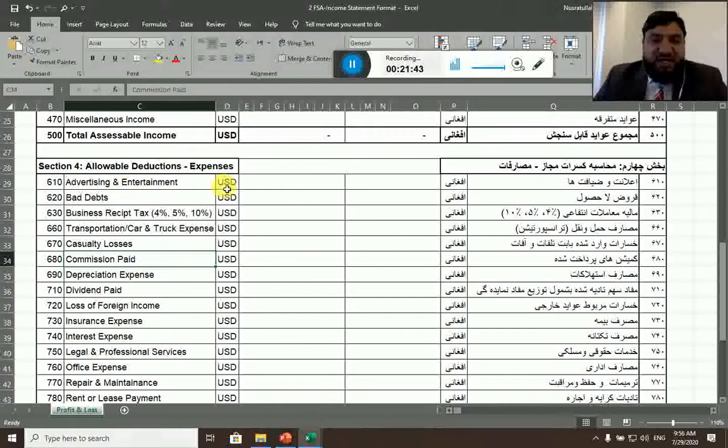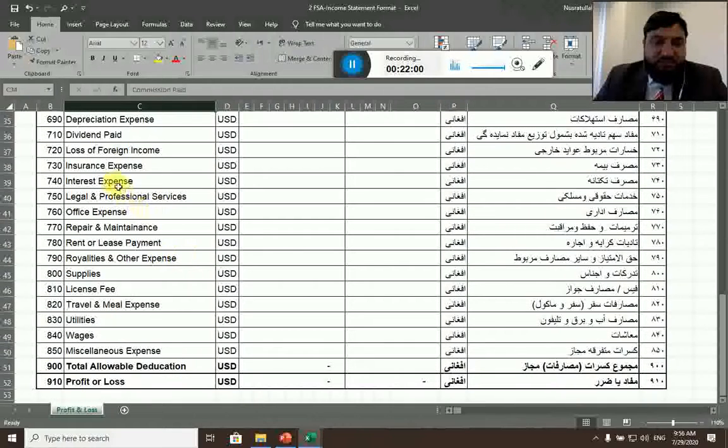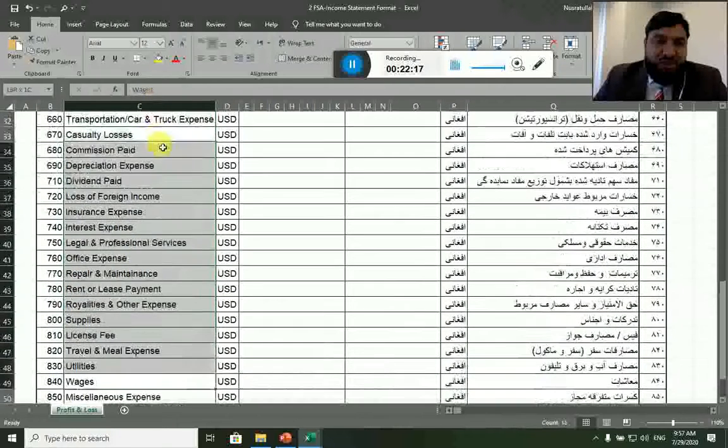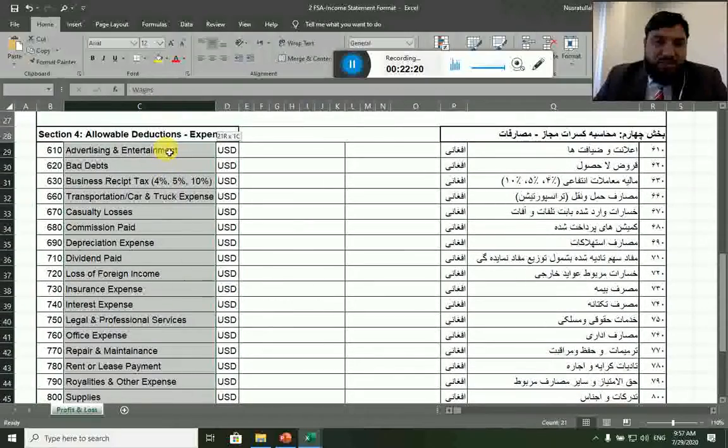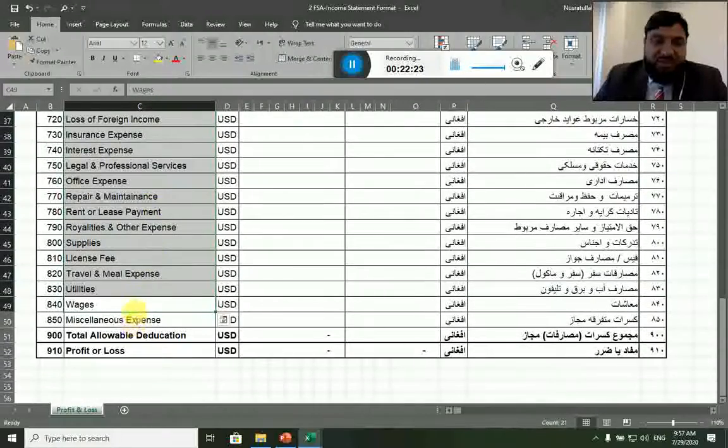First expense is advertising and entertainment, bad debts, business receipt tax, 4%, 5% tax, 10%, transportation, car and truck expenses, casualty or losses expense, commission paid, depreciation, dividend, loss, foreign income, insurance expense, interest, professional, office, repair, maintenance, rent and lease, royalties, supplies, license fee, travel, utilities, wages, and any other expense which is not listed here is reported under miscellaneous expense.